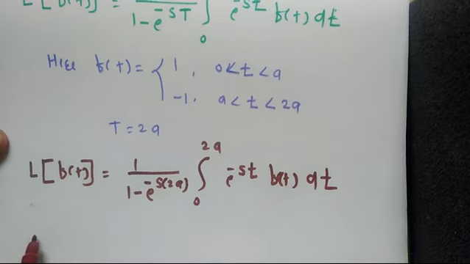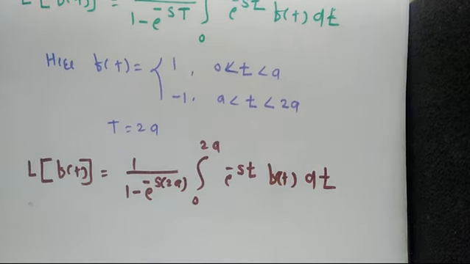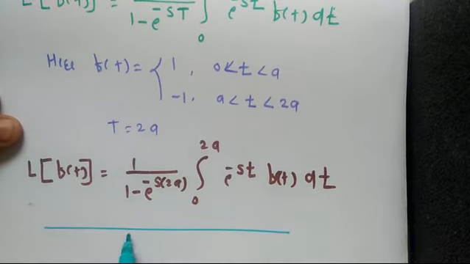After that, see here, in between 0 to 2a there are two values. We will draw its graph. Suppose here is 0, here is minus infinity and here plus infinity. Suppose a is here and 2a is here.